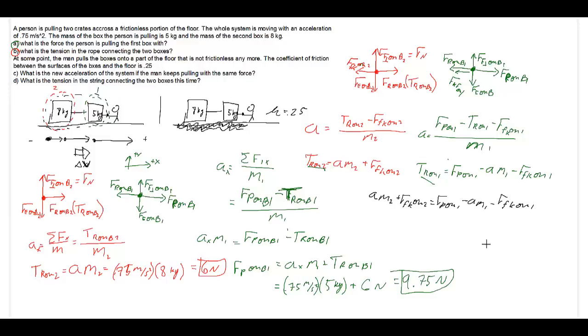Remember, we're solving for acceleration here, so I'm going to put the acceleration term over on this side and move everything else to the other side. I'm going to factor out the A's: A times M2 plus M1 is equal to the force of the person on 1 minus the force of friction on 1 minus the force of friction on 2. Then dividing by M1 plus M2, we get just the acceleration.